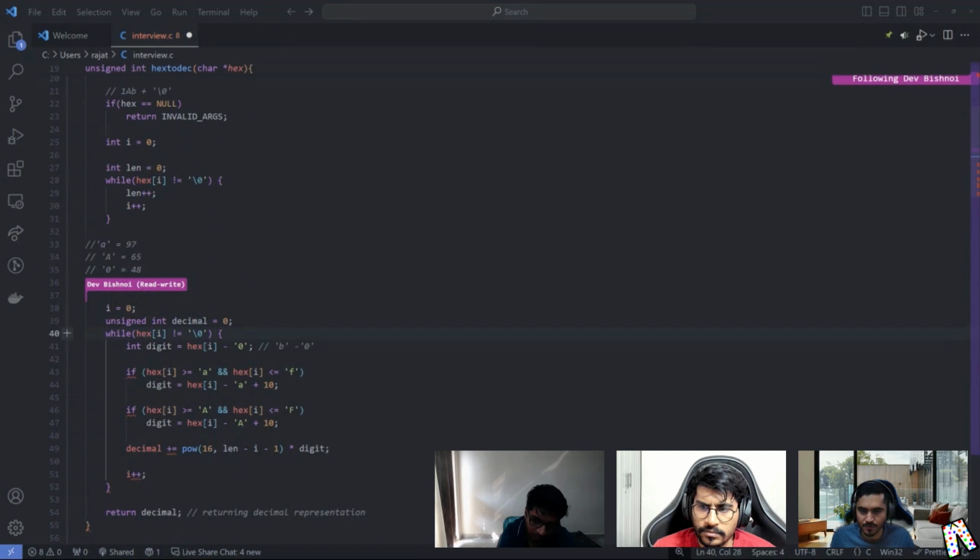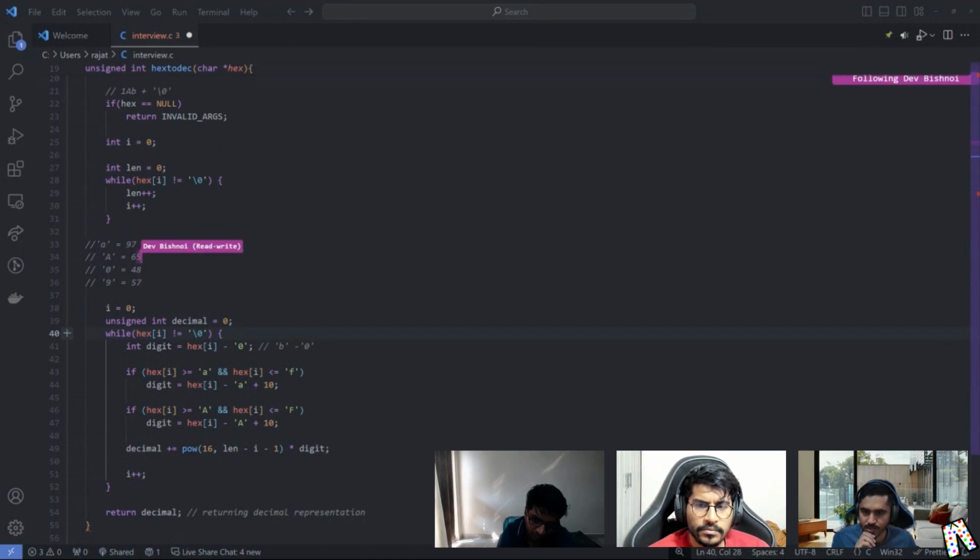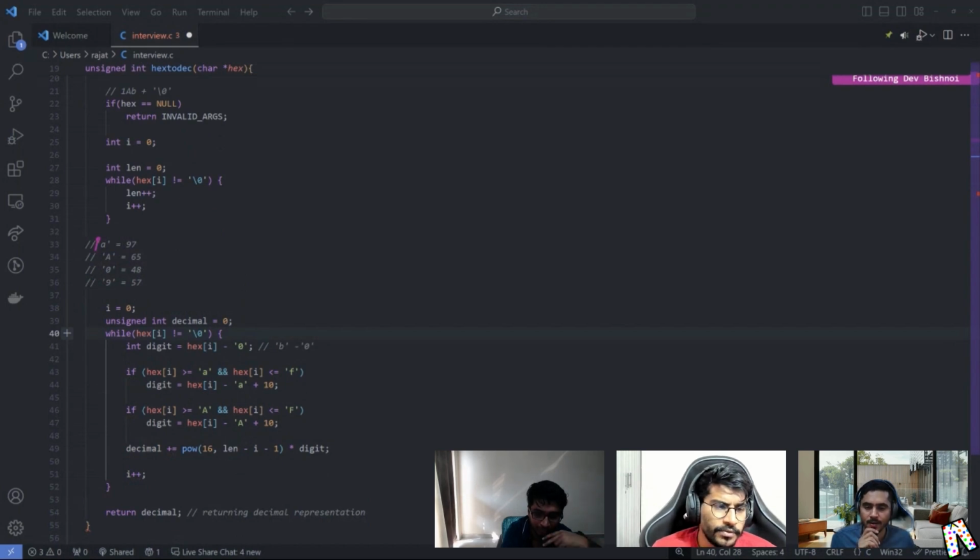So if it is greater than 57, then there could be two cases: either it is capital A, or it is small character a. So then I'll again have to check for another if condition. If it is capital A, then I'll just subtract 65. If it is small, I'll go with 97. So what I meant is either it can be small or it can be bigger, right? It cannot be both.